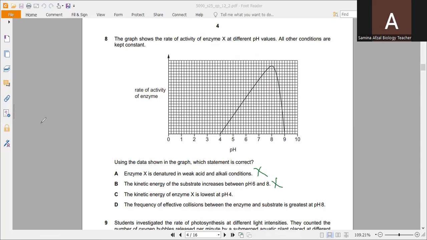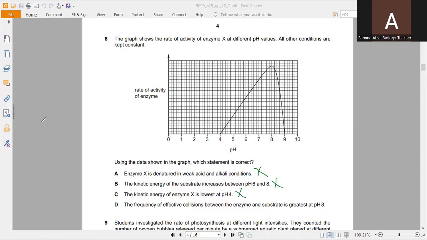C: the kinetic energy of enzyme X is lowest at pH 4. Kinetic energy depends on temperature. Again, the same reason: we are talking about pH, not about temperature. So there is no role of kinetic energy here.